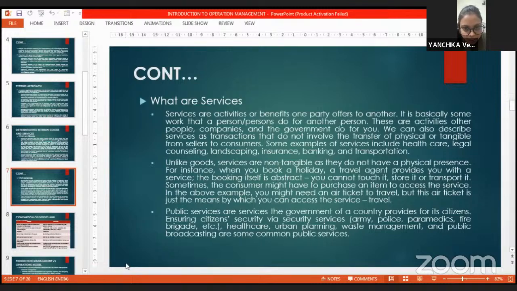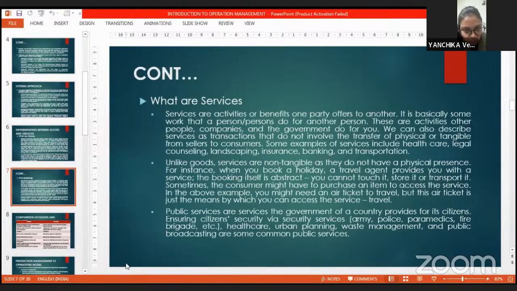You cannot touch it, store it, or transport it. Sometimes the consumer might have to purchase an item to access the service. In the above example, you might need an air ticket to travel, but this air ticket is just the means by which you can access the service, travel. Public services are services the government of a country provides for its citizens.